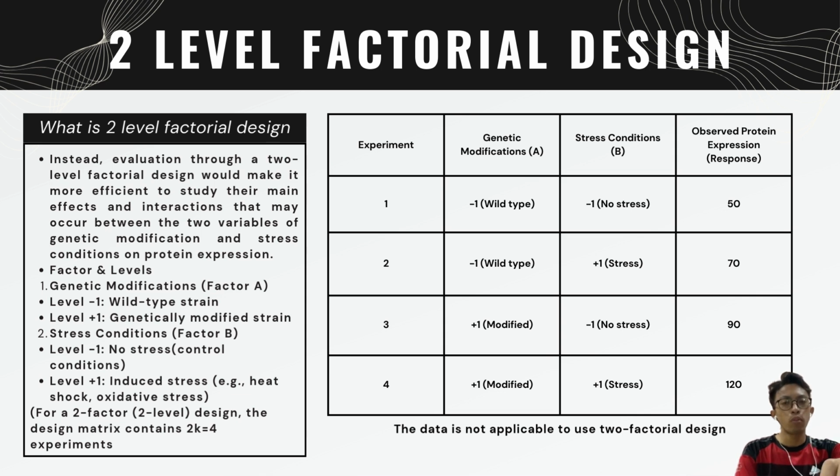After we do the experiment, we analyze the results. Once the data is collected, we calculate the main effects to see how each factor affects the outcome of the experiment. For example, does genetic modification increase or decrease the protein expression?